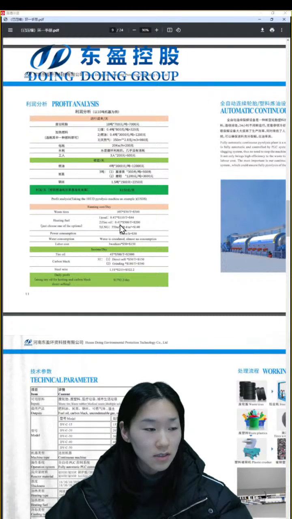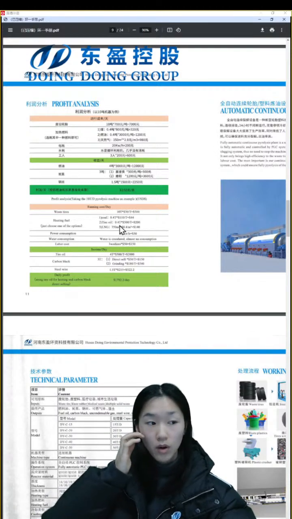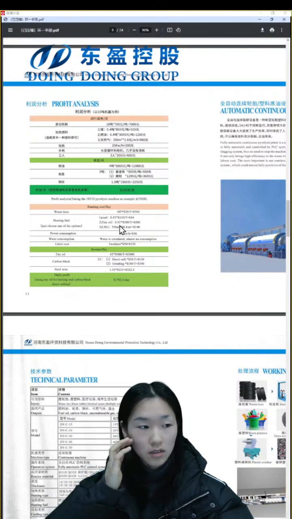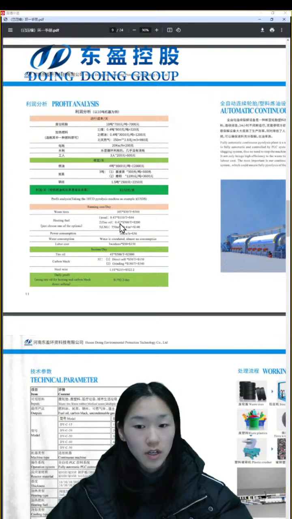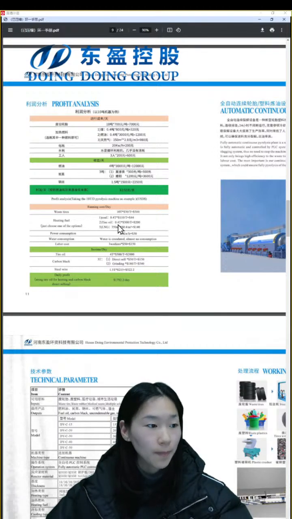For a 10 tons per day machine, you need to burn around 4,000 kg of fuel oil.